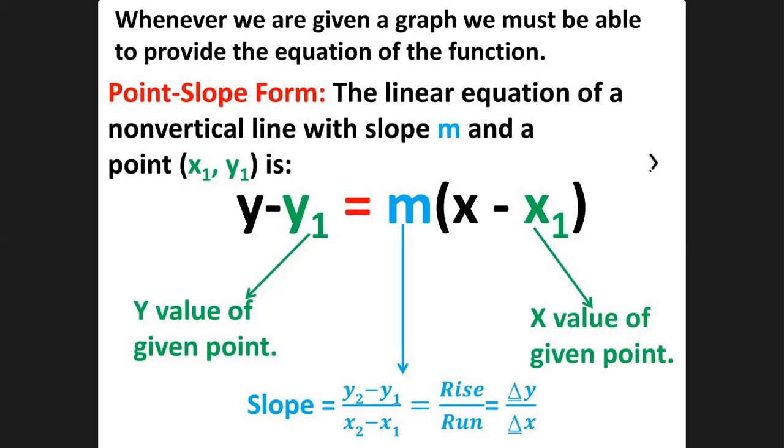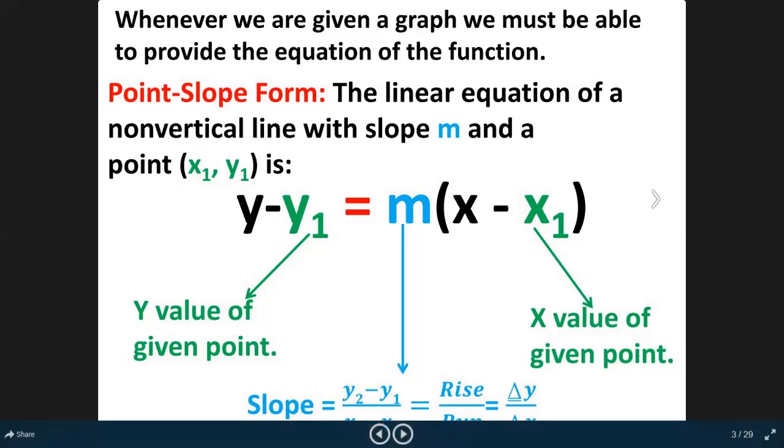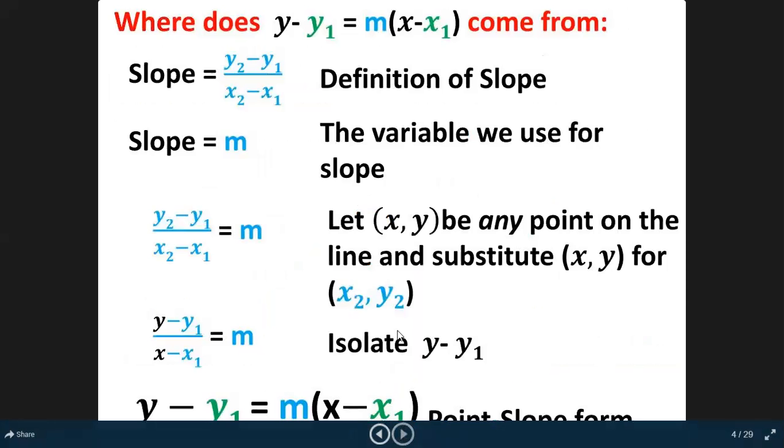We can calculate it in different ways: using the rule y2 minus y1 over x2 minus x1, or rise over run. Third, x1 is the value of x given to us. Let me move to an example.